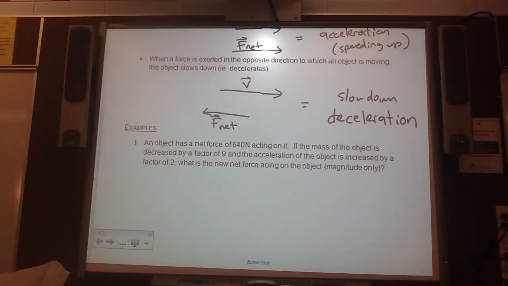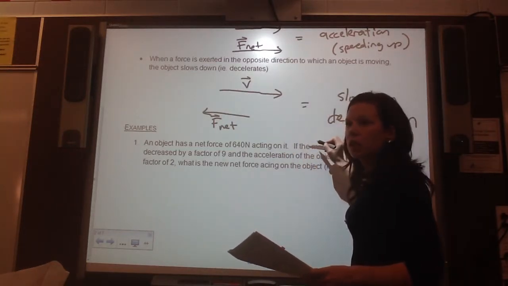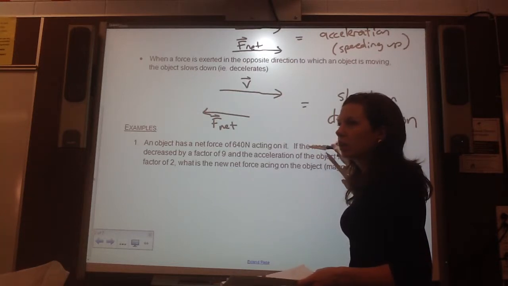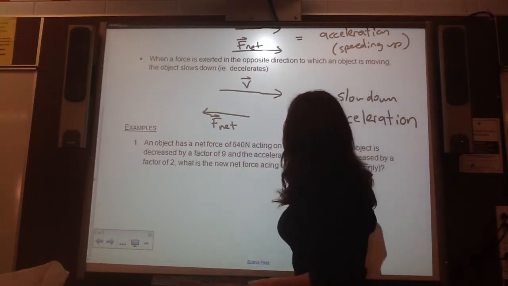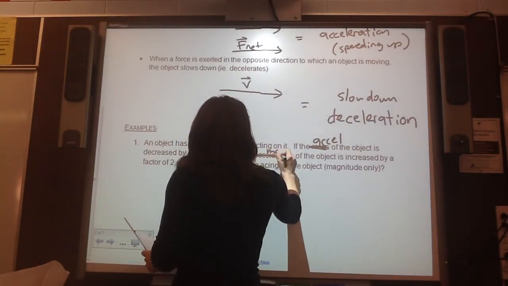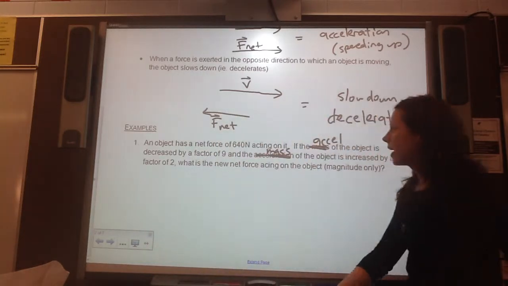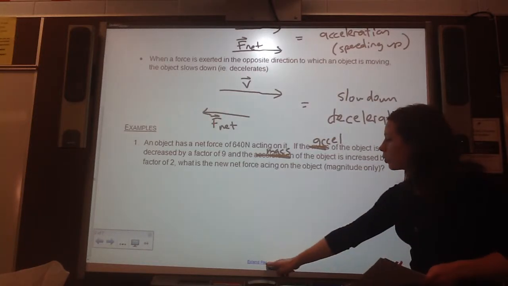If the acceleration of the object is decreased by a factor of 9, and the mass of the object is increased by a factor of 2, what is the new net force acting on the object? We're just focusing on magnitude only for this particular question.